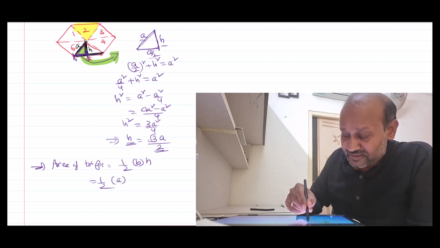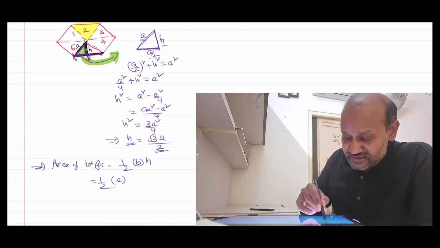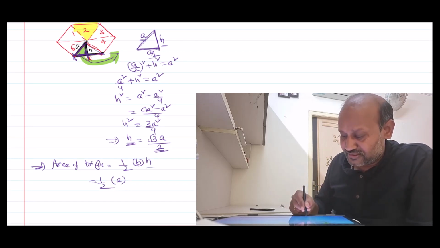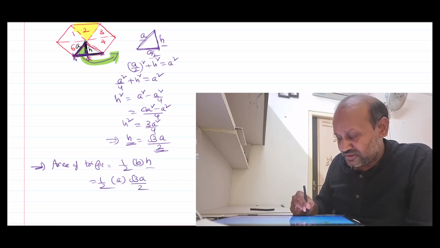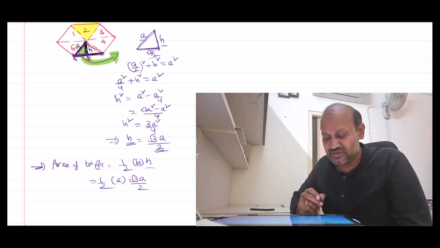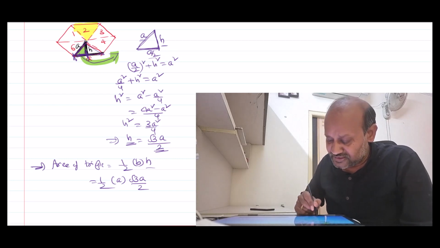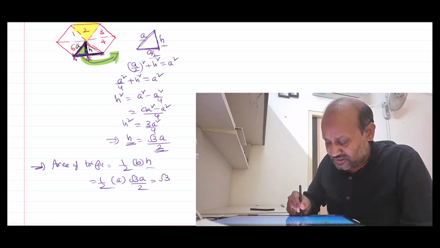Be careful: the A by 2 was for half of the triangle, but I'm talking about the entire triangle now. So the base is A and the height is root 3 A by 2. So the total area of the triangle is root 3 A square by 4.